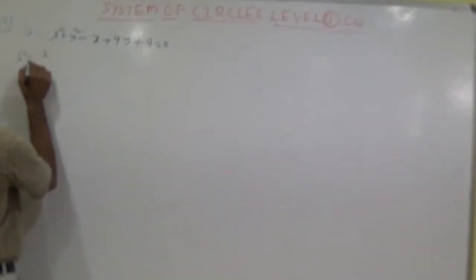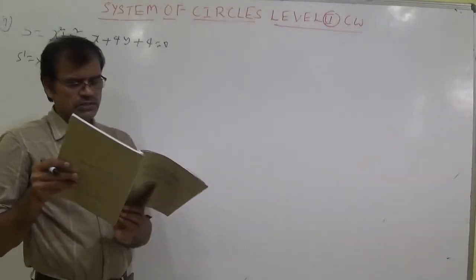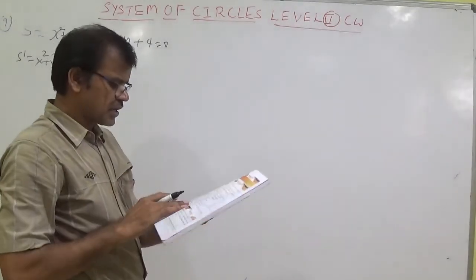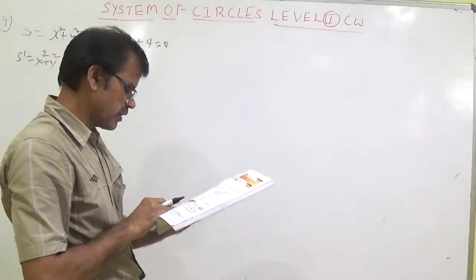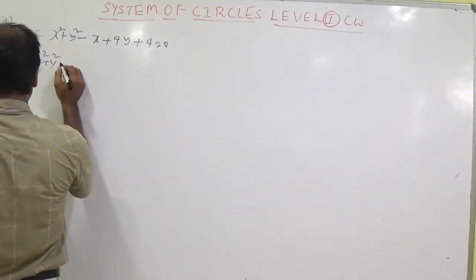Next, S' is equal to x² + y². Students, no need for S' because if we calculate it, we get a radical center. Simply the radical axis is satisfying minus 1 comma 1. So better to take S double dash.